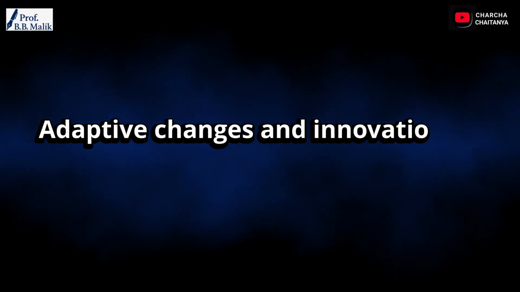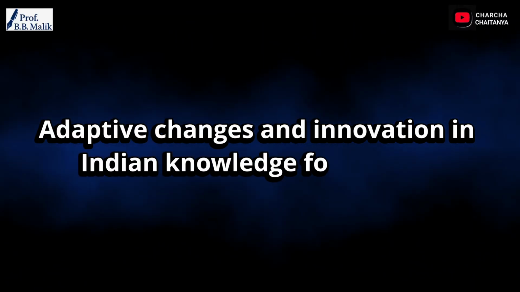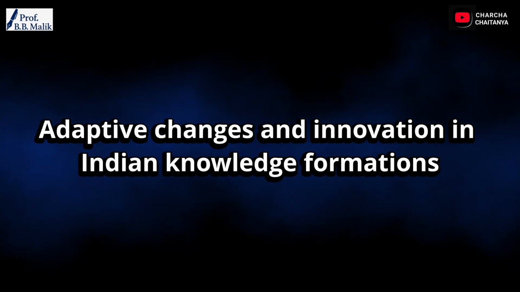And what were the theoretical aspects involved in this particular period? He says during this period, 1952 to 60, that is 8 years, you can see adaptive changes and innovations in Indian knowledge formations. Adaptive changes and innovations, these are the two terms he used.